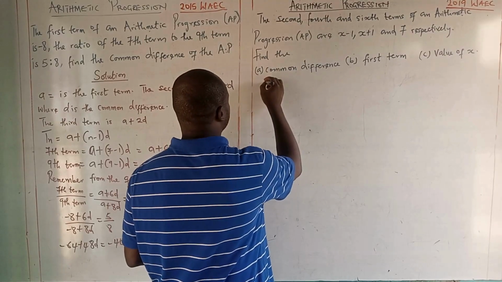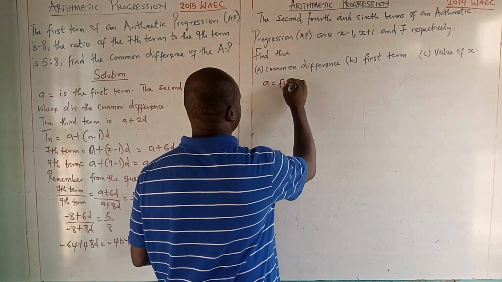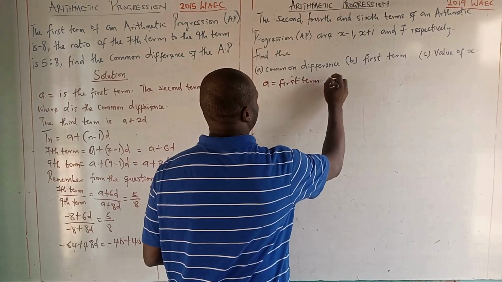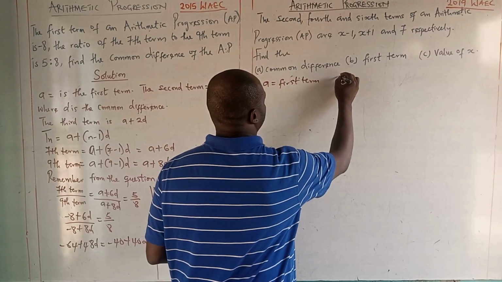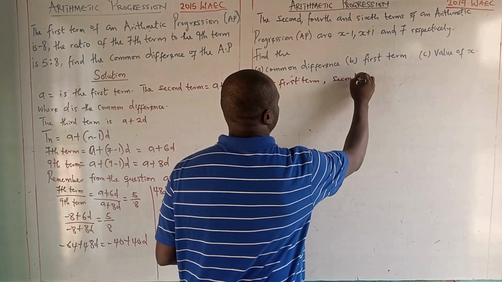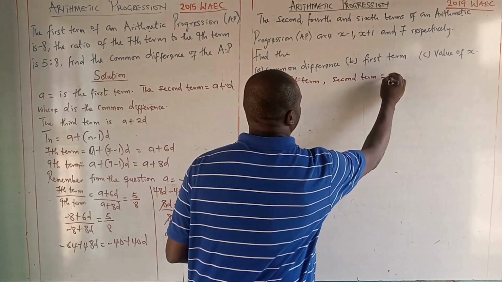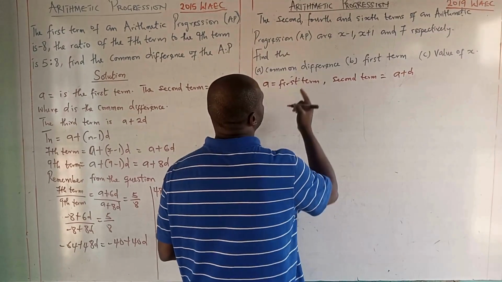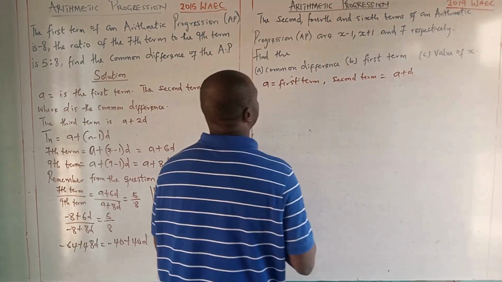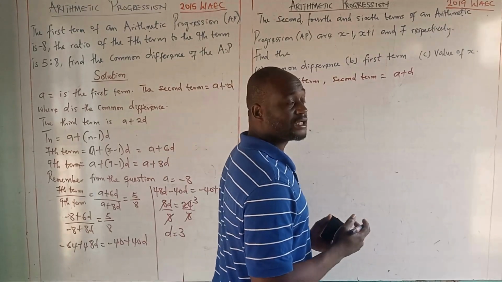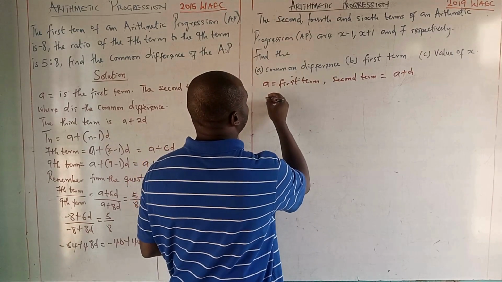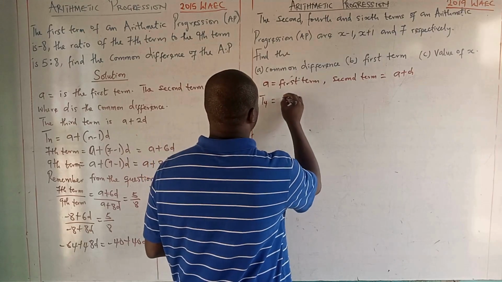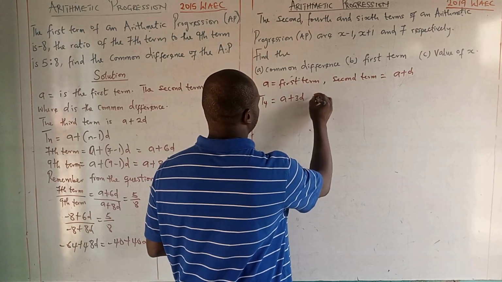We need to first of all remember that a is our first term, while the second term will give us a plus d. Remember from the formula we used earlier, we know that the fourth term, that is T4, will be a plus 3d.